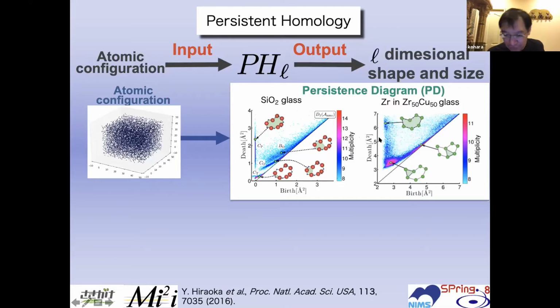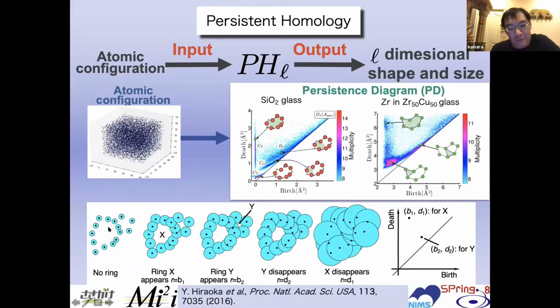Okay, I would like to mention how we analyze the data. It is very simple. We just increase the radius of the particles, increase, increase, increase, and then we find rings. This is the point of birth, the birth value.